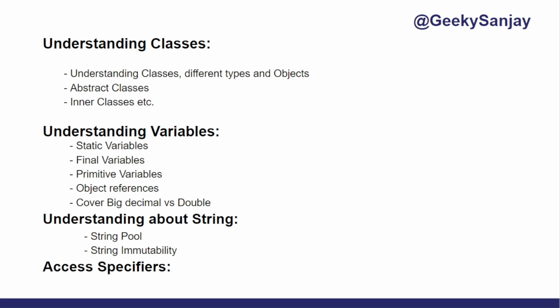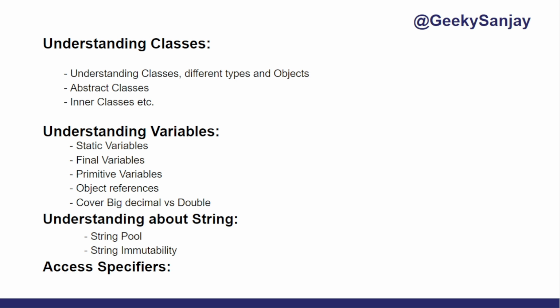When you create a string literal in your code, the JVM checks if the string already exists in the pool. If it does, the JVM returns a reference to the existing string instead of creating a new one. This helps in conserving memory and improving performance by reducing the number of duplicate strings in memory.